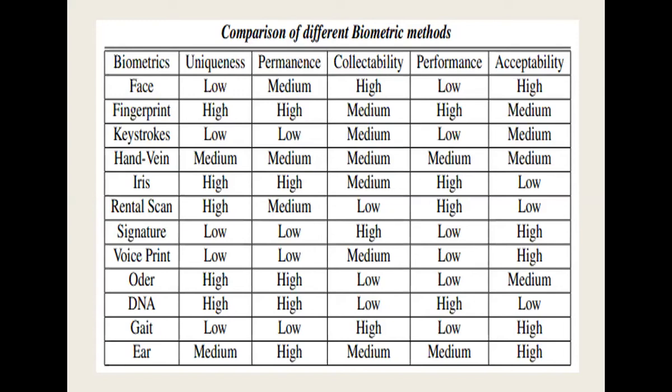As a result, mostly fingerprints are better in terms of acceptability. Even the voice print is also used nowadays, but it has low uniqueness and low permanence, even if it has high acceptability.